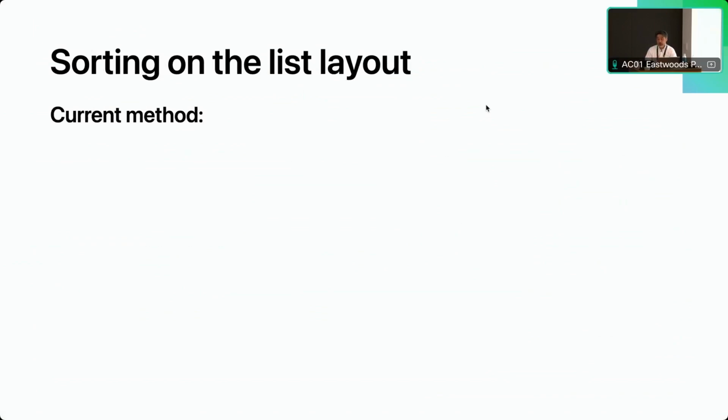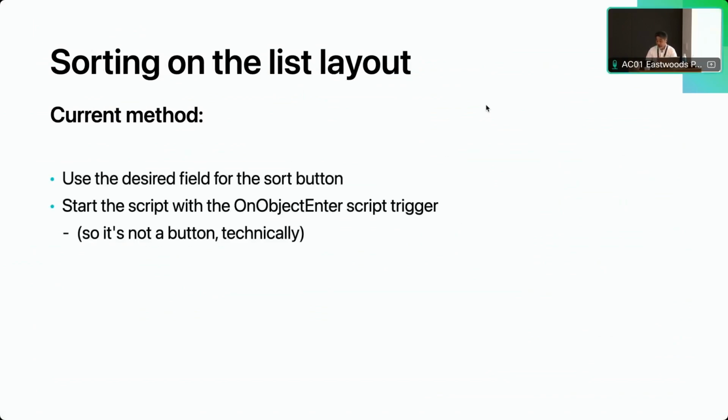The current method is to use the field object of the desired field as the sort button and start the script with the onObjectEnter script trigger. This means the script will run when the cursor is placed in a certain field.